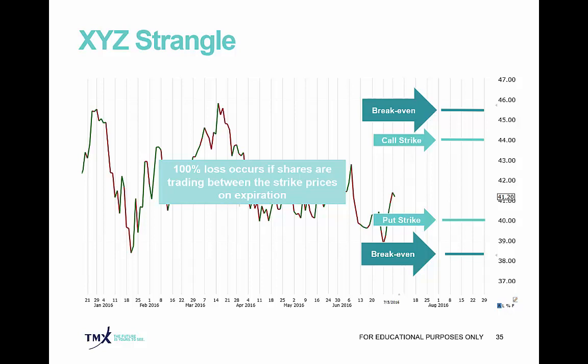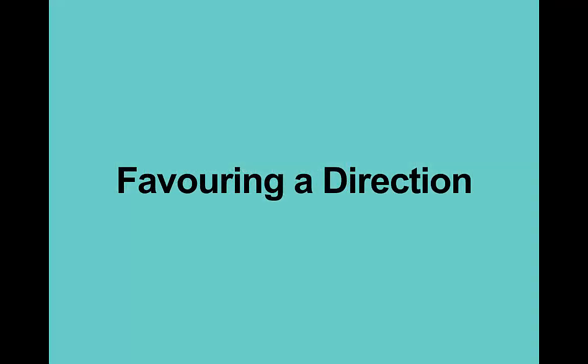And when you factor that in when you're considering the opportunity, it may actually force you to decide whether or not you may be best to take a directional stance, just buy that call or just buy that put, or in fact, make an adjustment to your straddle or strangle position through strike price selection so that you can favor a direction more effectively.